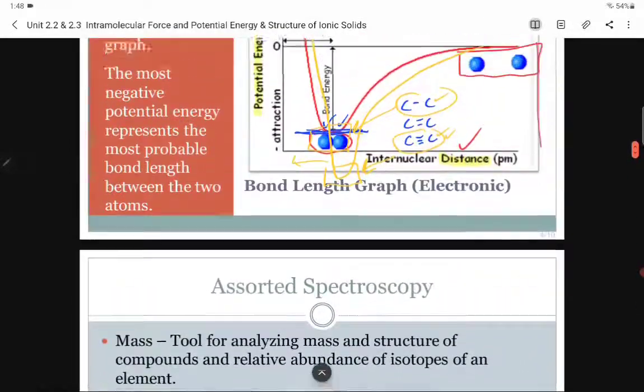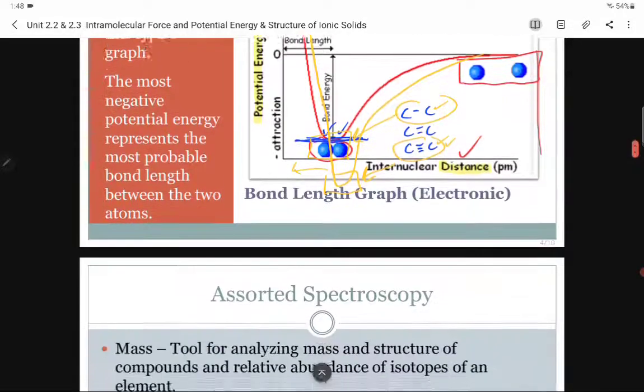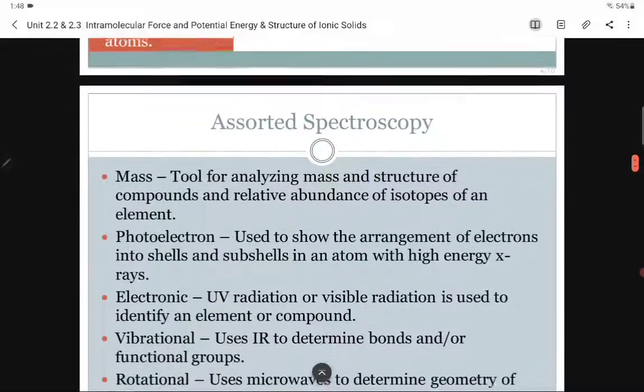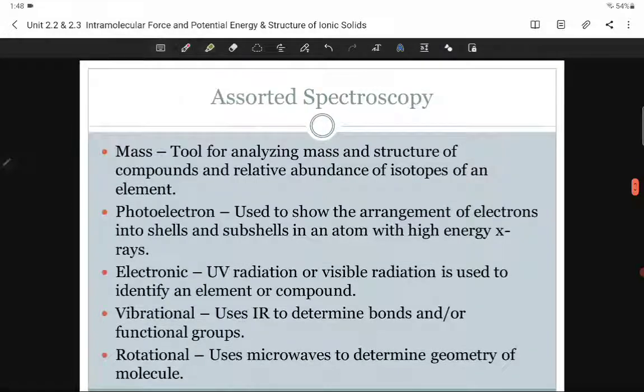So how do they figure these things out, these internuclear distances, and some other things about molecules and sizes of atoms? Well, they use something called spectroscopy. This isn't the only thing available to analytical chemists, but it is one of the things they use. And we're actually going to do some spectroscopy in our class too.